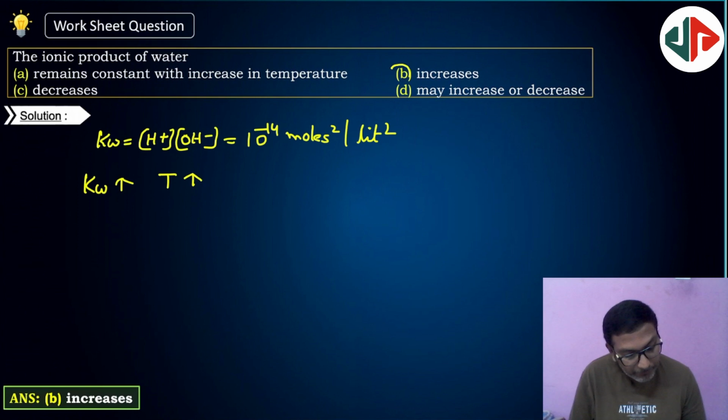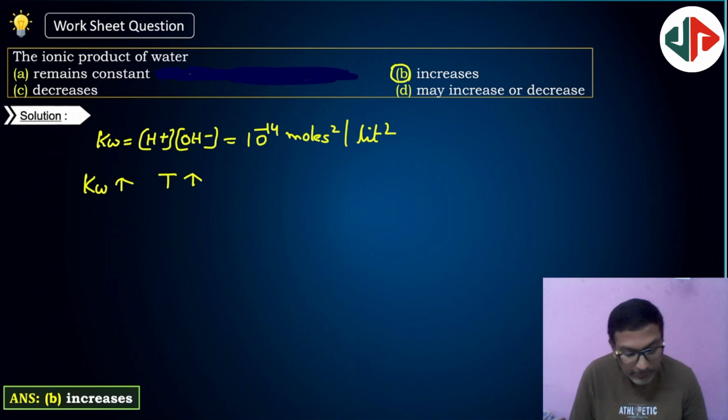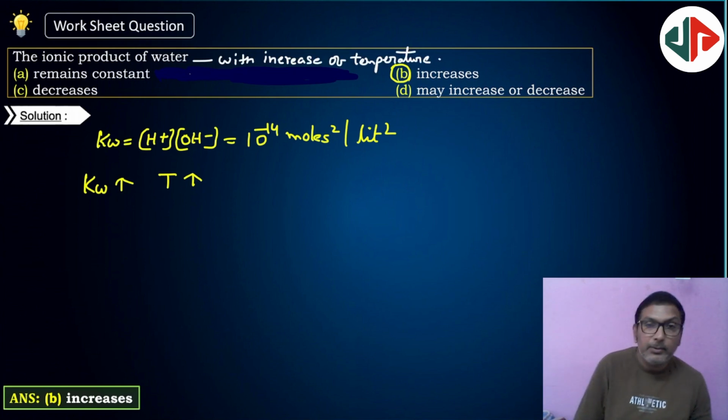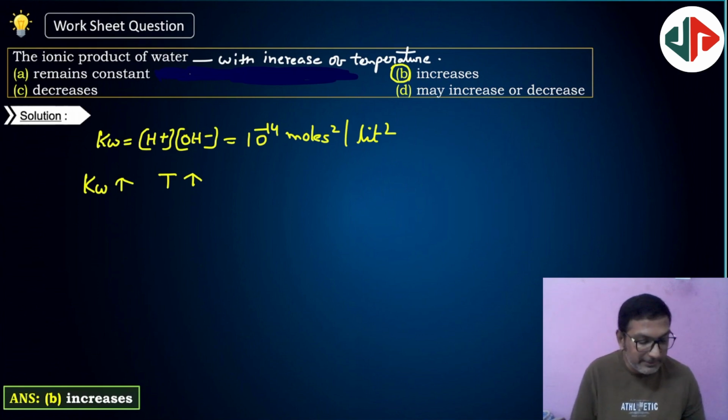Option B. Here the question should be like this: we think ionic product of water dash with increase of temperature. The question should be: Kw increases with increase of temperature.